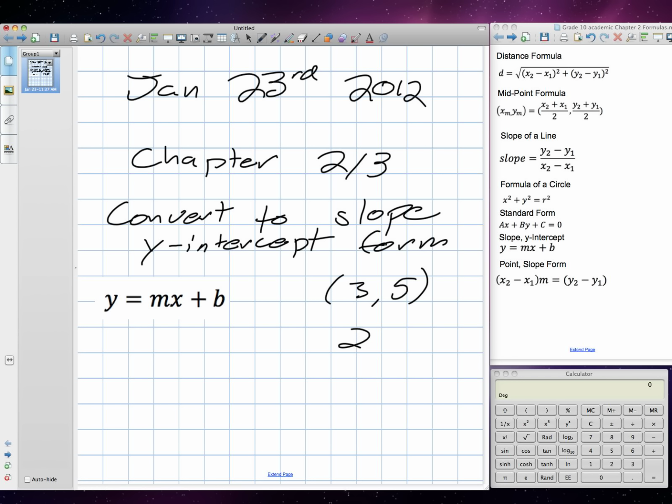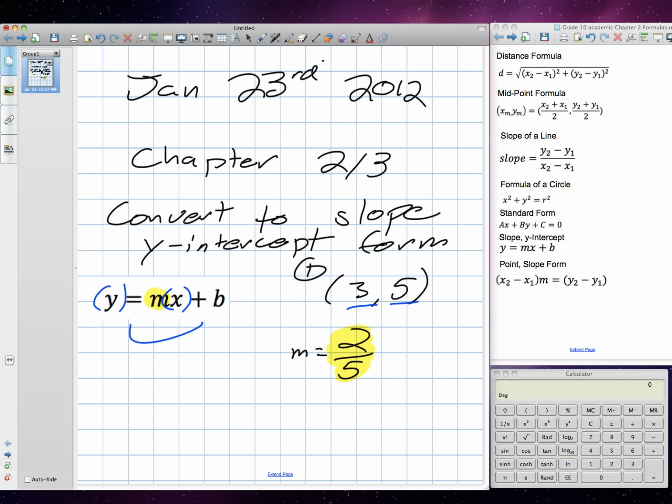So they've given us the m, and a point on the line. We can go about this the longer way, and it'll still work fine if we plug in this value for our m, this in for the x, this in for the y, solve for b, and then we'll have our form.